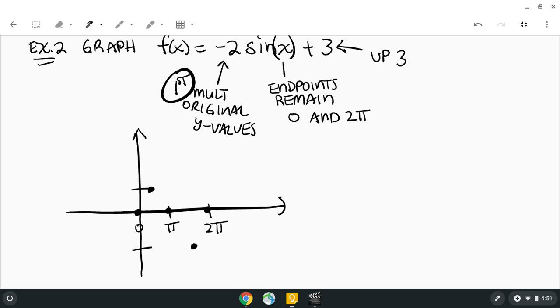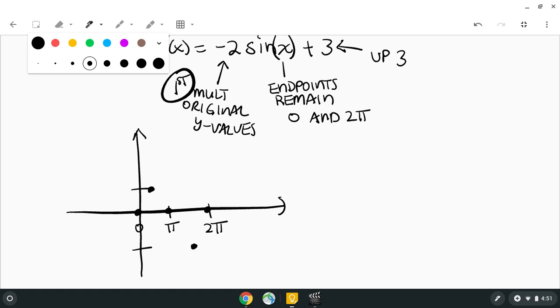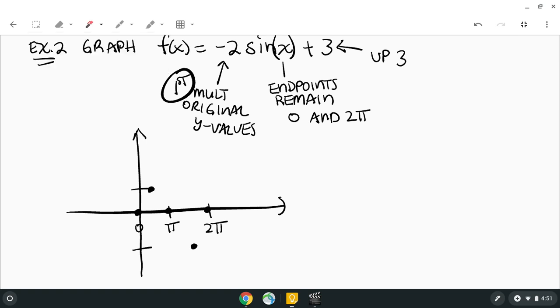You know it starts off 1 here, 2, 3, 4, and 5. And it's between 0 and 2 pi in this case. So we need to do these two things: multiply the original y values by -2 and shift up 3. So let's do the multiplier first.